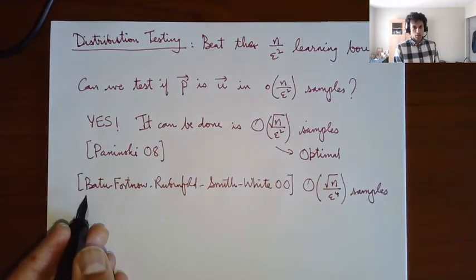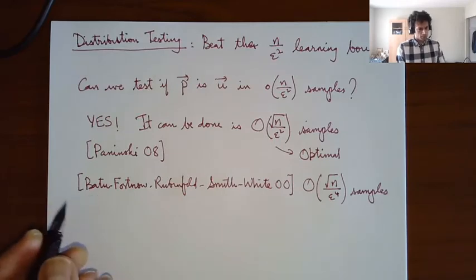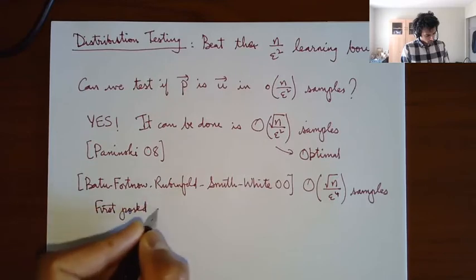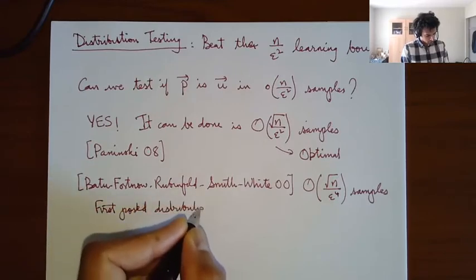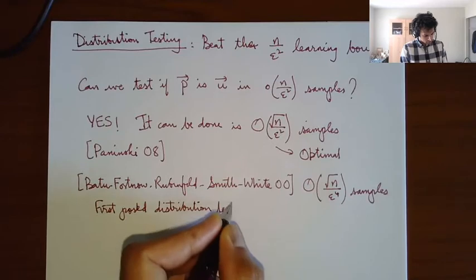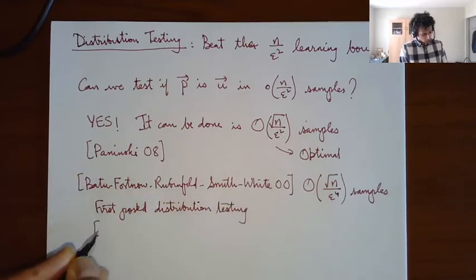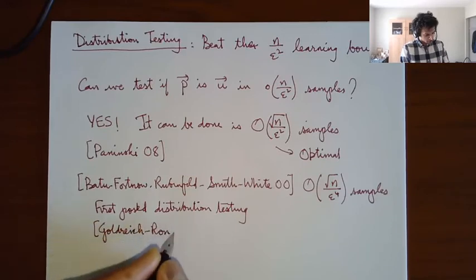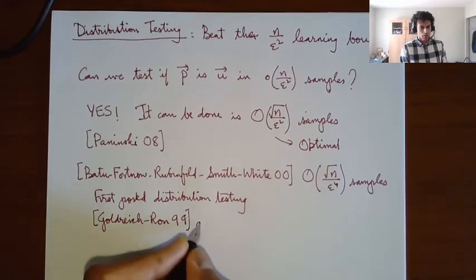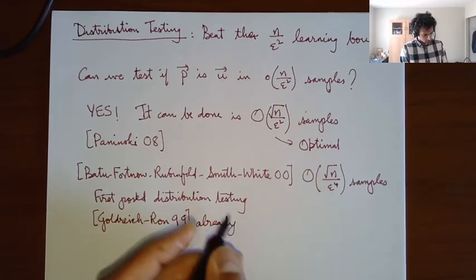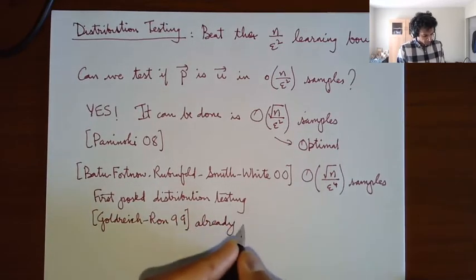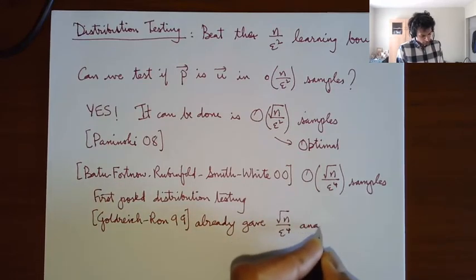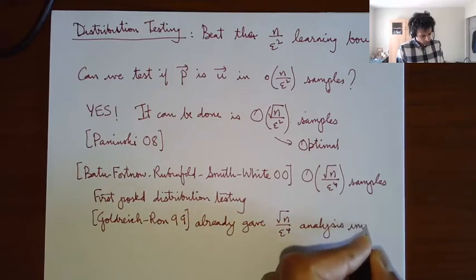This is a seminal paper, Batu et al., which first posed distribution testing. Although Goldreich and Ron, in a somewhat different context, in '99, already gave the root n over epsilon to the fourth analysis implicitly.